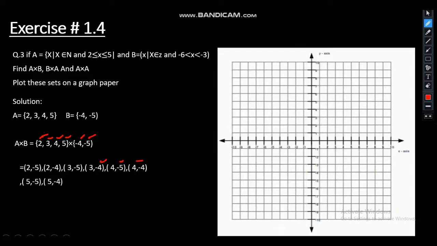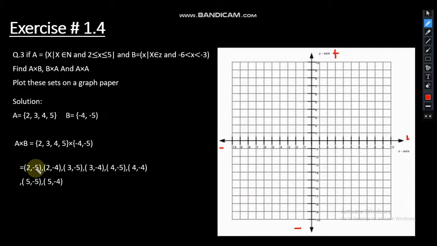Now we can plot these numbers on graph paper. So (2, -5) lies on this coordinate. 2 is on the x-axis, so this is the positive x-axis, this is positive y, this is the negative x-axis, this is negative y.